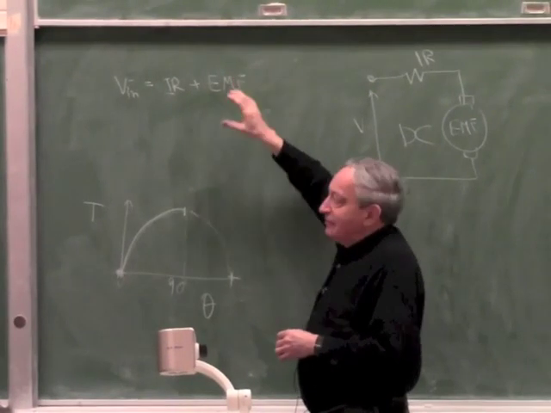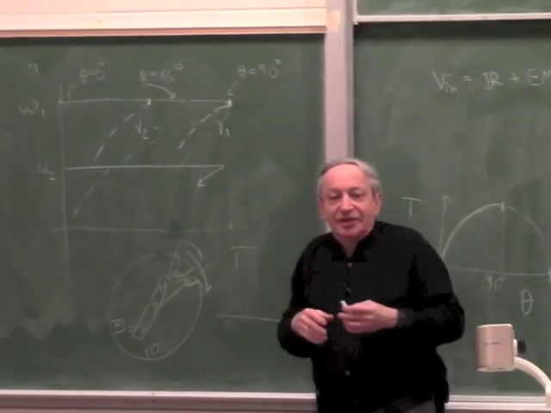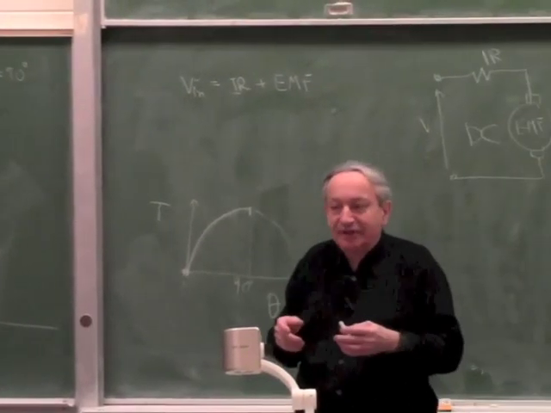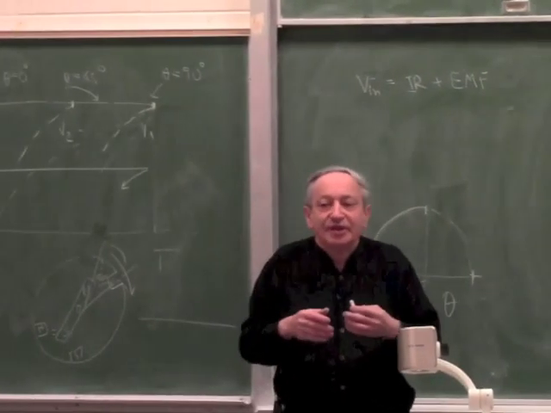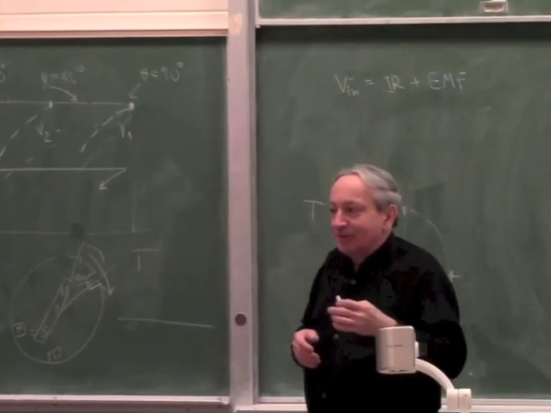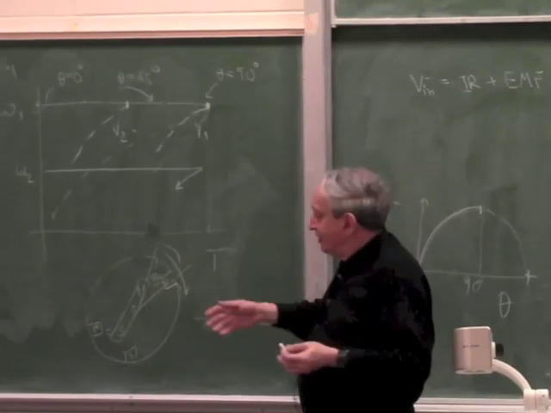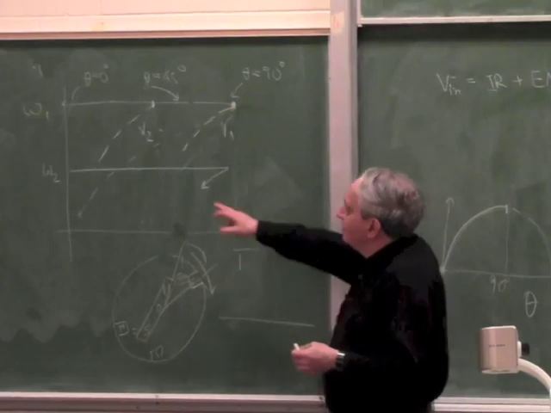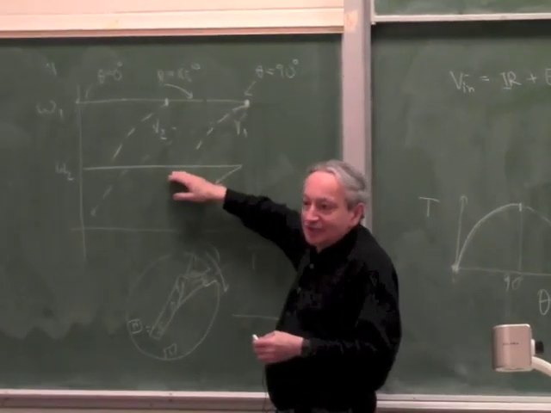Say the armature is a permanent magnet and it rotates in a coil; if the magnetic field rotating vector is slower, the armature goes slower. But if the armature goes slower, it also generates a smaller back EMF, because the back EMF is proportional to delta phi over delta t, and delta phi over delta t is simply the omega. So when I lower the frequency, I also have to lower the voltage.